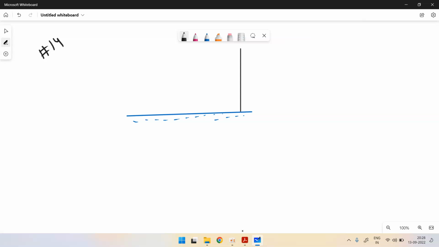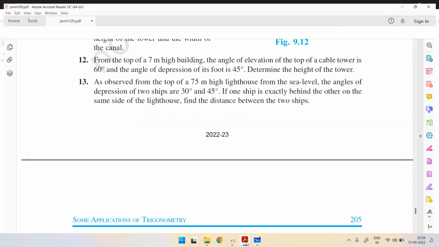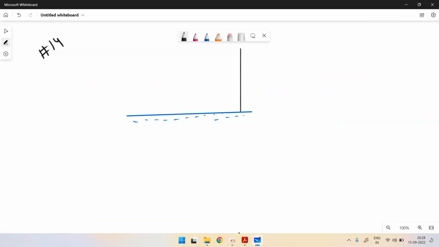Let us suppose the angles of depression are 30 and 45 degrees. Since the angle of depression 45 degrees is greater than 30 degrees, the ship at 45 degree depression is nearer.